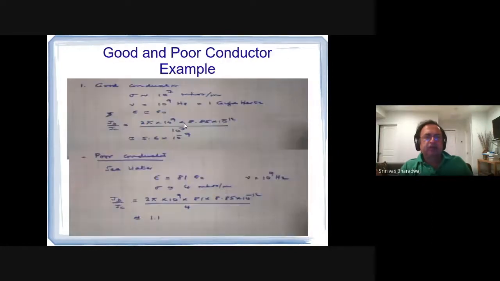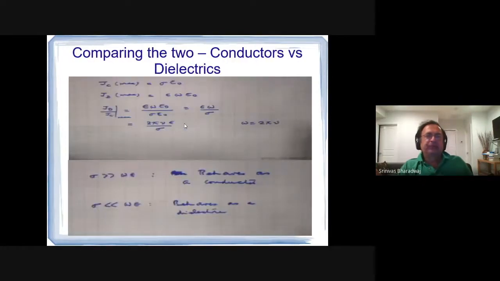All right. Now epsilon naught is actually, it shouldn't be epsilon naught, but it should be epsilon. Epsilon is the permittivity of the medium.